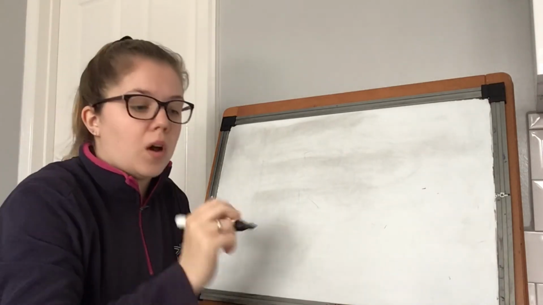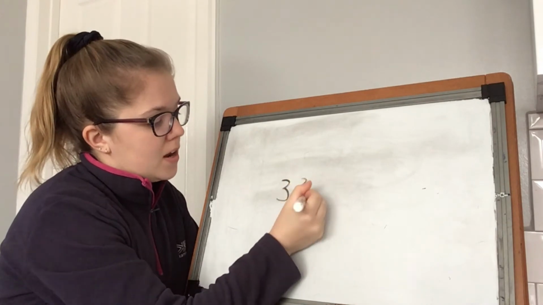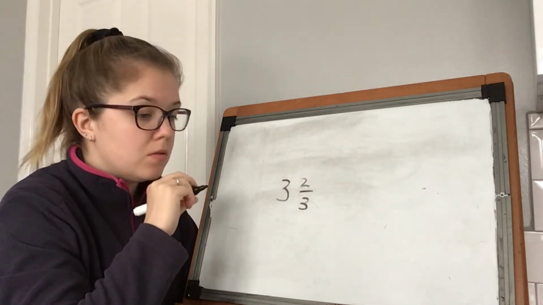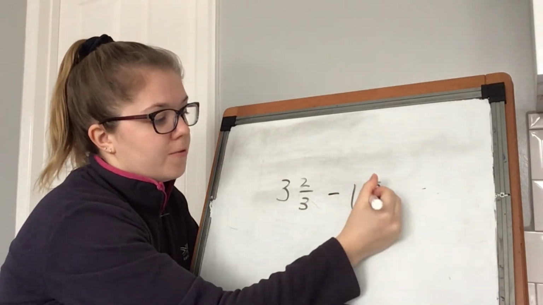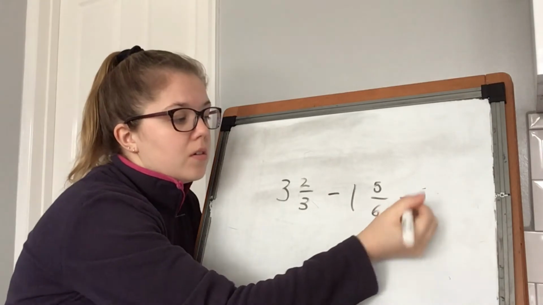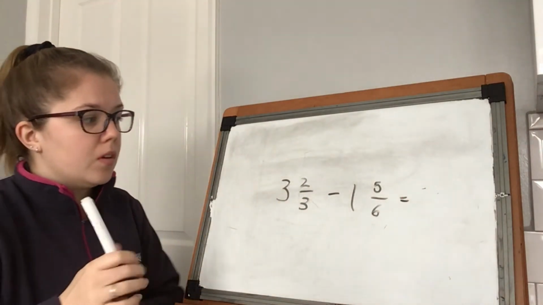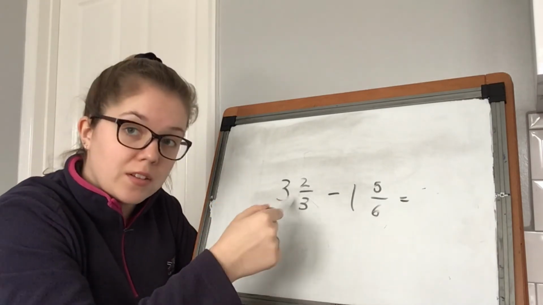The last one. What if I've got 3 and 2/3, take away 1 and 5/6, okay? So, again, they're already mixed numbers, but we've got the different denominators again.